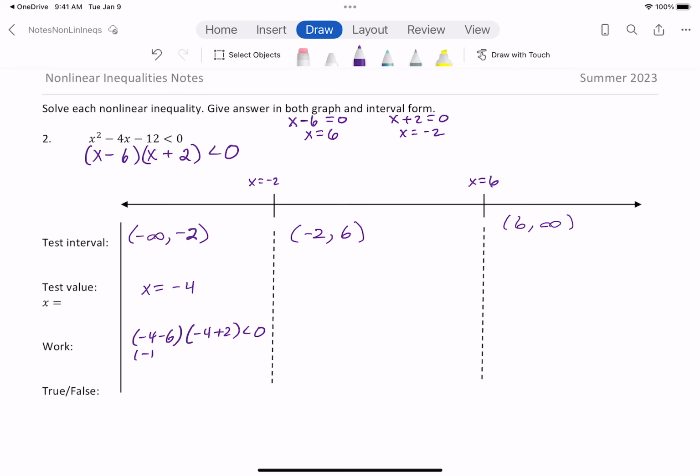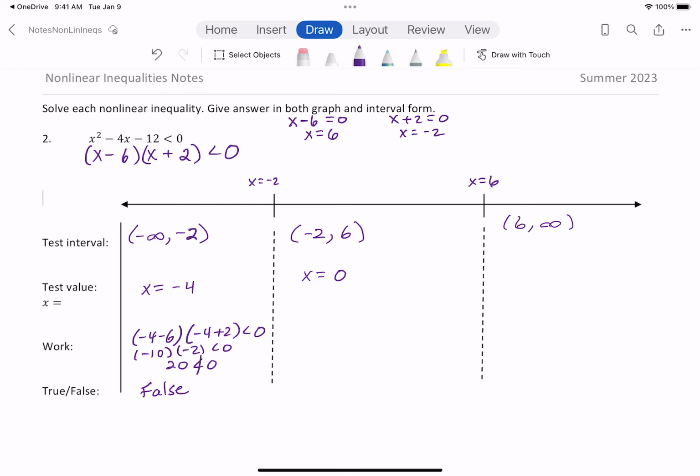So this gives me -10 times -2. That gives me 20. And 20 is not less than 0. So that means we got a false statement, and these numbers are not solutions. So we're not going to shade anything on the number line for that section. For the middle, it's something between -2 and 6.